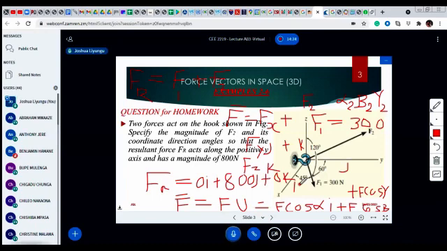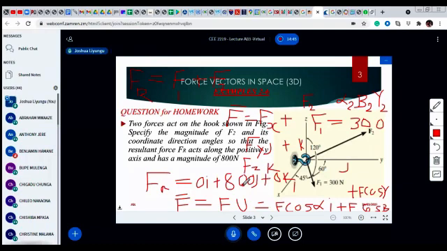You do the same for the j component. The j component we have is 800. So 800 is equal to 300 cos 60 plus the component of F2 in y. You only have one unknown, so you'll be able to find F2y.